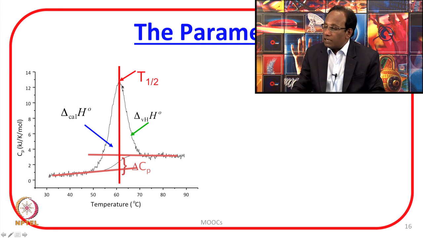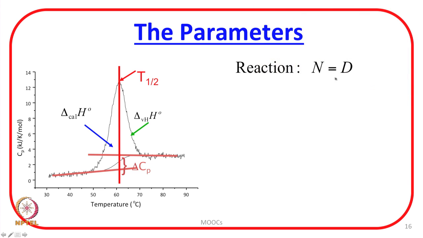In one of the previous lectures, you remember I labeled this as Tm, that is the temperature where heat capacity is maximum. Now, we are talking about this reaction, native to denatured reaction. You are heating the protein from the native state and taking it towards the denatured state. And then at T half, that is at this temperature, the transition is half complete.